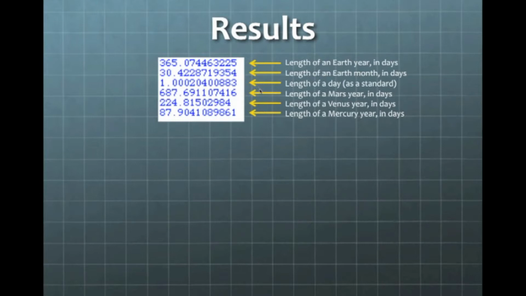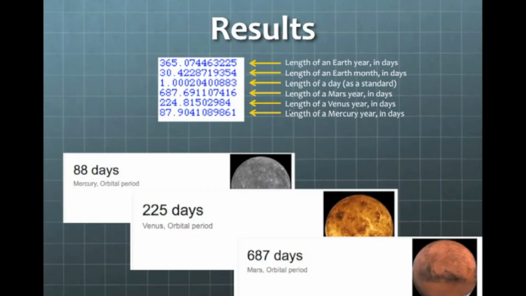We have length of a Mars year in days, length of a Venus year in days, and length of a Mercury year in days. We see these match pretty closely. We have 687.69 for Mars, 224.8 for Venus, and 87.9 for Mercury.